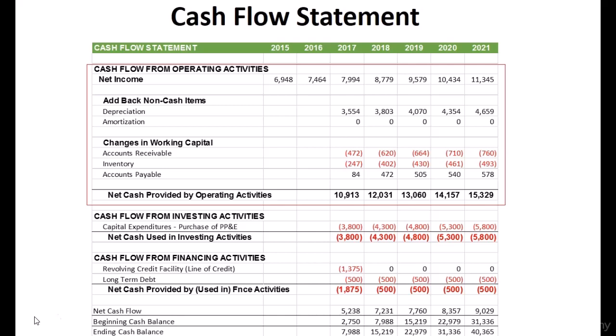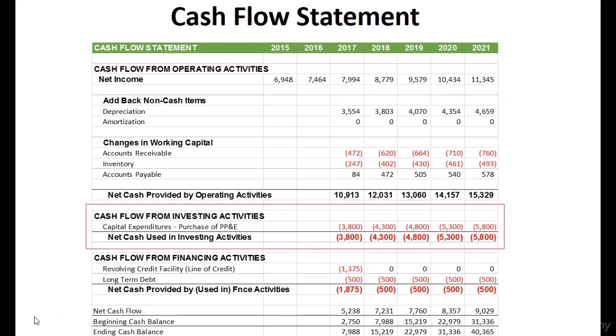Over a 2-year period, we'll take the change in our accounts receivable from the year before to the current year. And we do the same thing with our inventory and our accounts payable. After adding all these numbers together, we'll get the net cash provided by our operating activities.